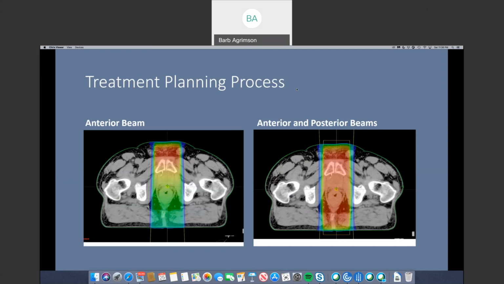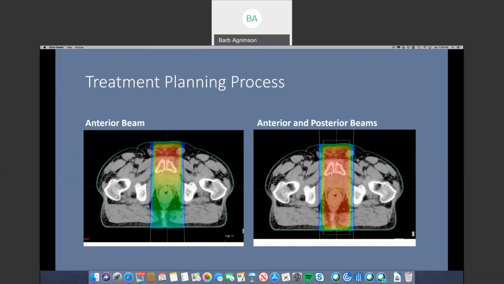And then as that beam disperses through the patient, the dose of radiation is going to diminish. But if we were treating, in this case, the patient's prostate, the high dose would not be in that region. It would be, as demonstrated, anterior to that, which would not be an ideal situation at all.